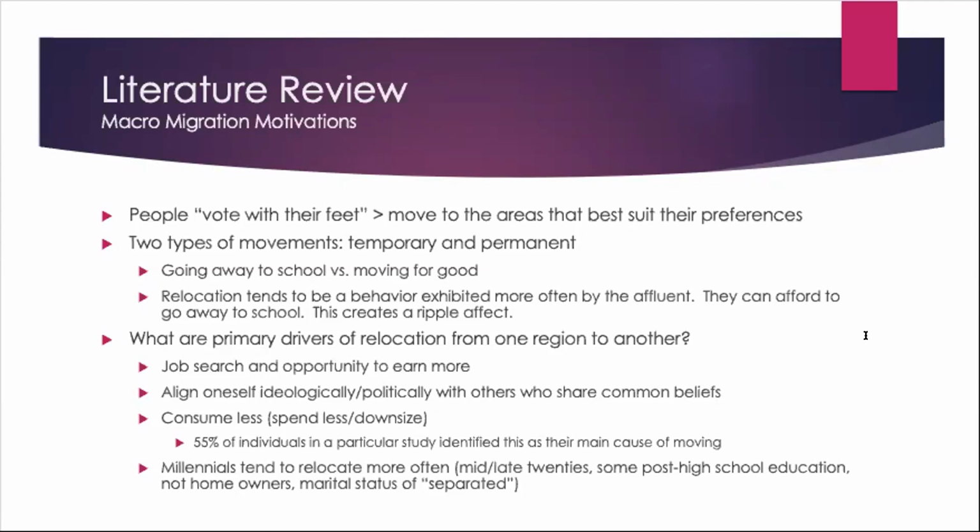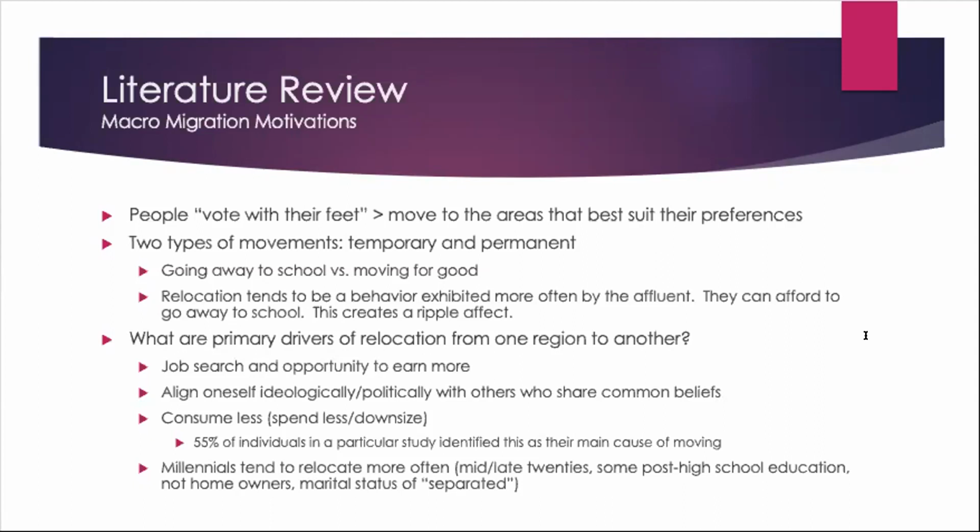So there's two types of movement, temporary and permanent. Going to school is obviously going to be the most prevalent type of temporary movement. And moving for good is actually way less common than temporary movement. Relocation tends to be a behavior exhibited more often by the affluent.